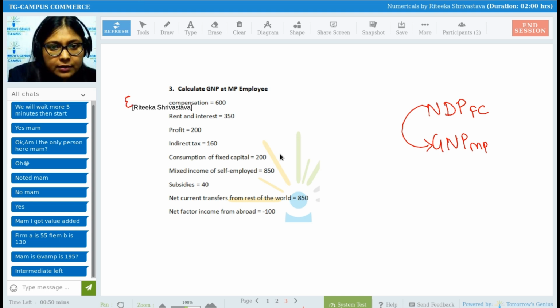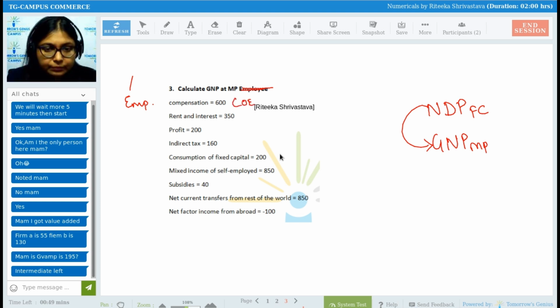This employee over here is compensation, so this is nothing but employee compensation, or compensation of employees. So, one new thing over here, net current transfers from the rest of the world. Are we going to include that? No. Why?